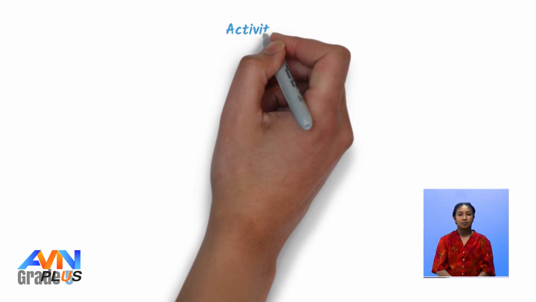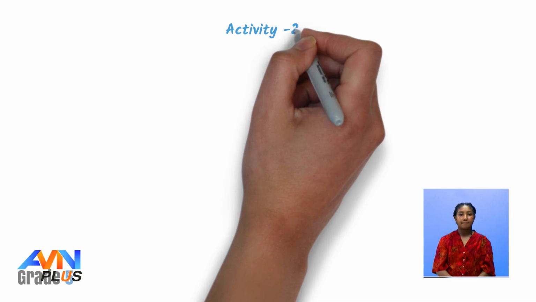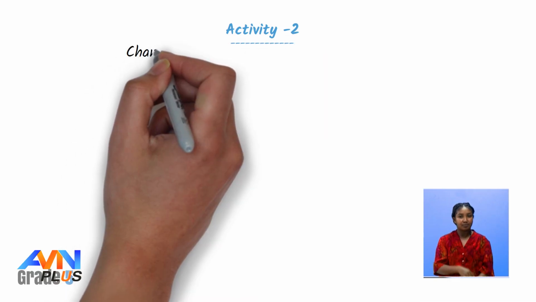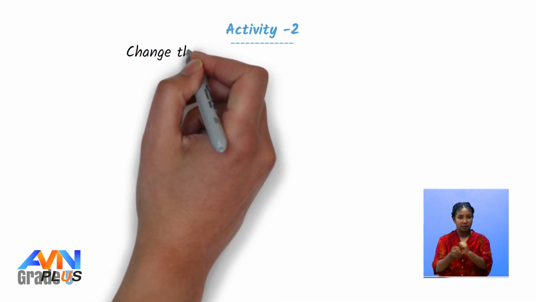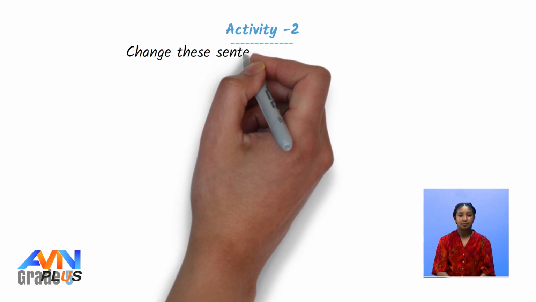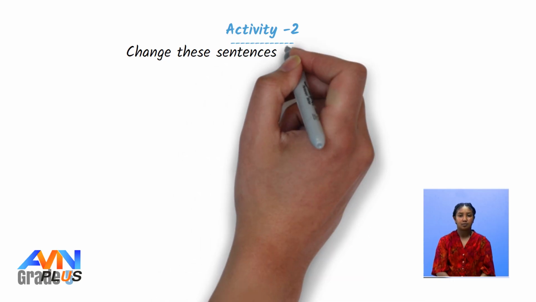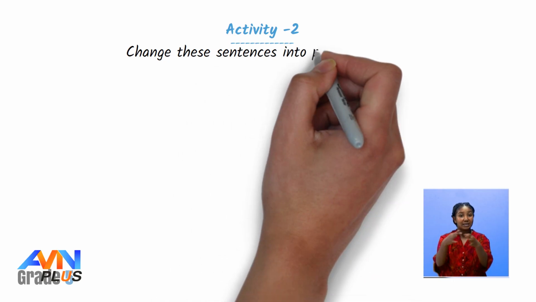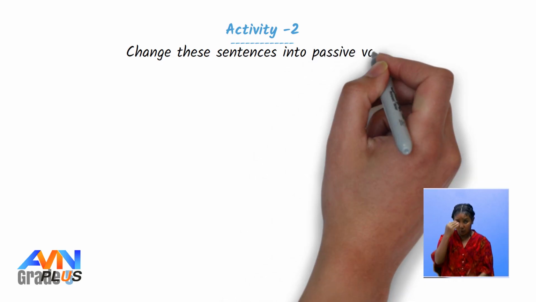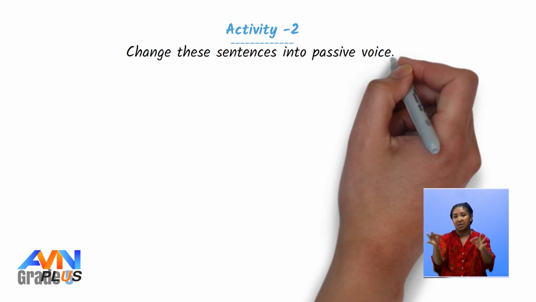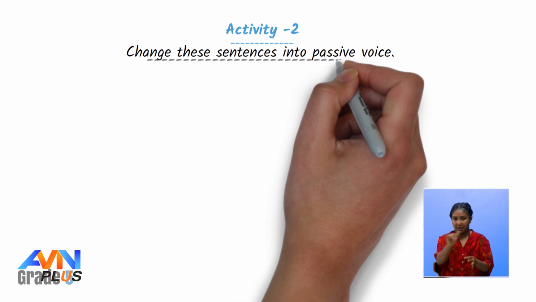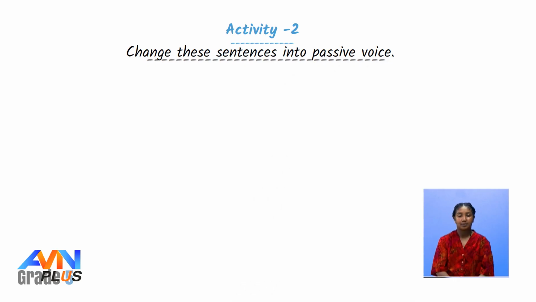Now it's time to change. Please change these sentences into passive voice. Do you know another way to say passive voice is passive sentence? Number 1. Right, please, you don't have much time.